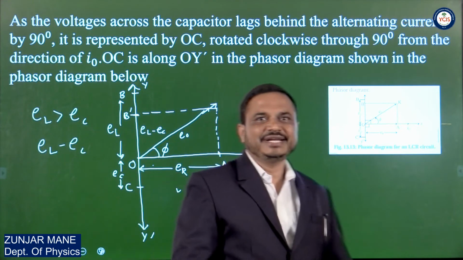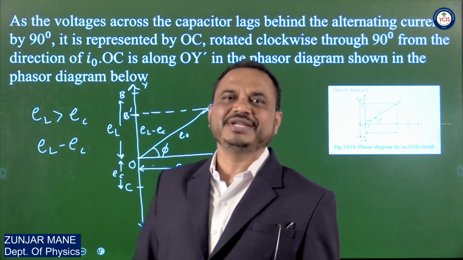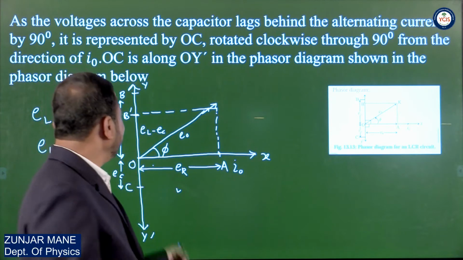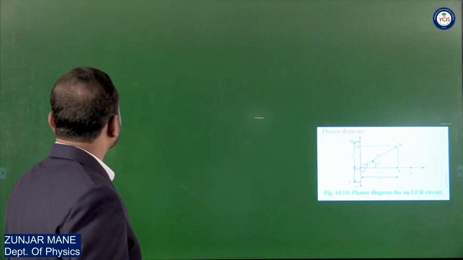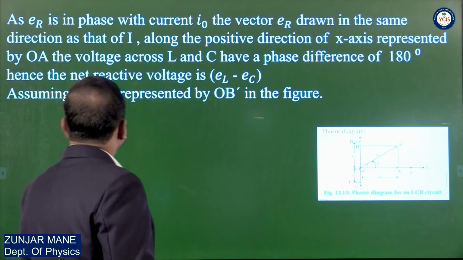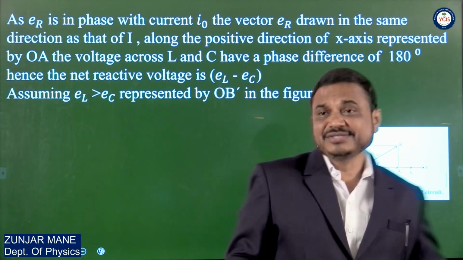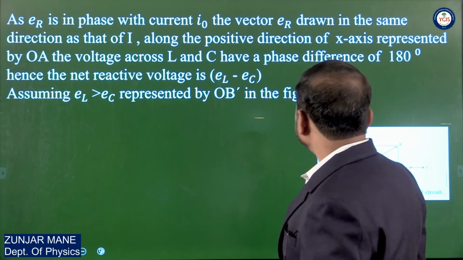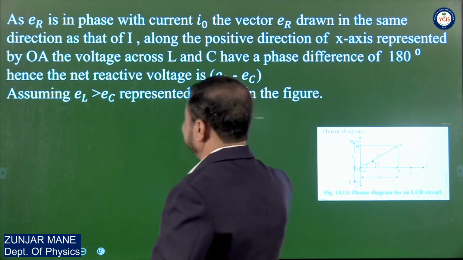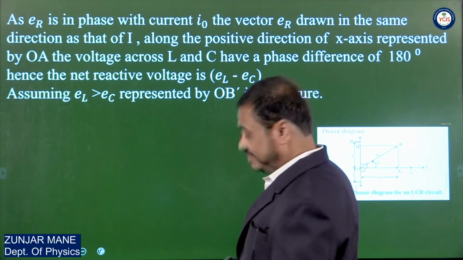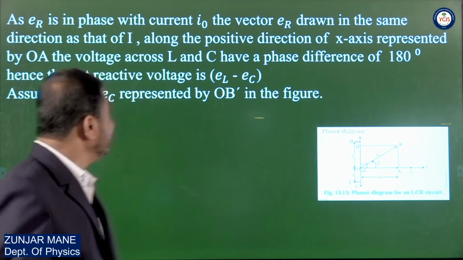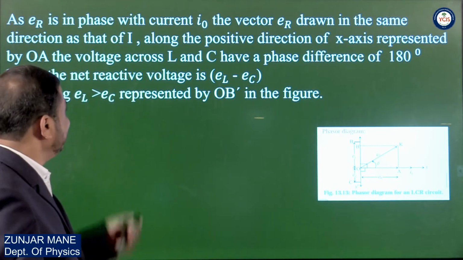So this is the phasor diagram of the LCR combination connected in series across the AC source. As ER is in phase with current I0, the vector ER is drawn in the same direction, along the positive x-axis, and it is represented by OA.